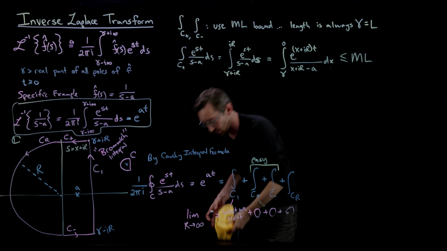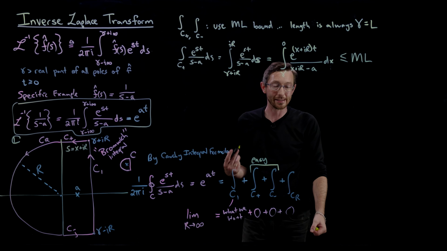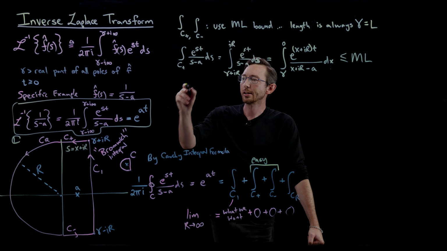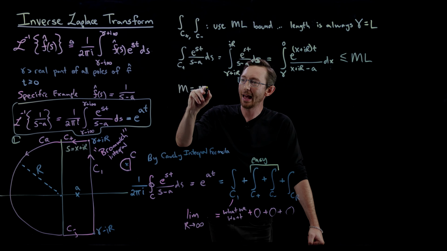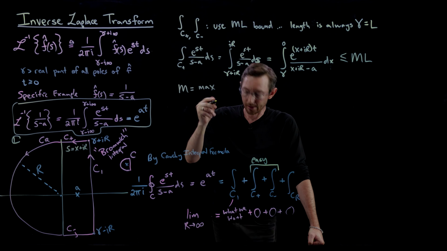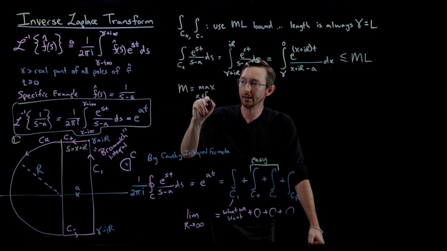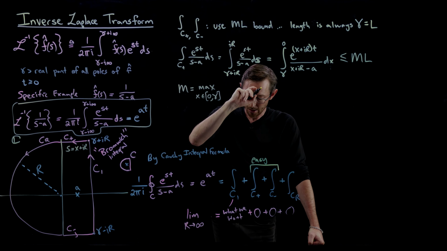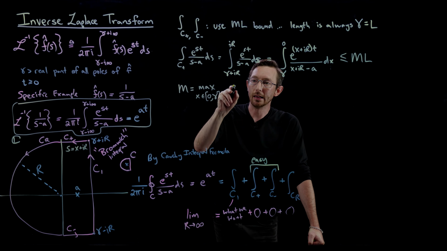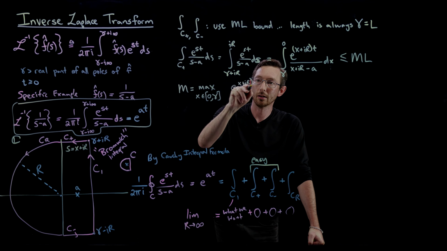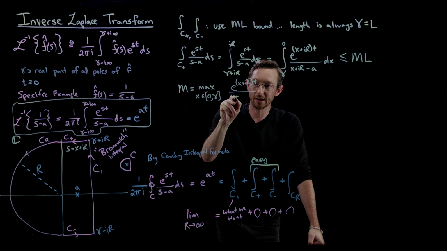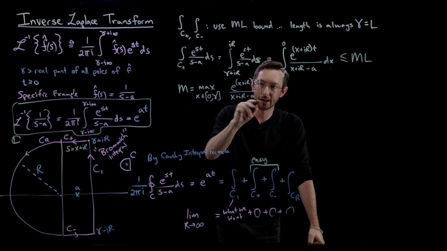That's how ML bounds work, and it's really kind of elegant and simple. M is the max, for x between 0 and gamma, of the magnitude of e to the x plus IR t divided by x plus IR minus a.